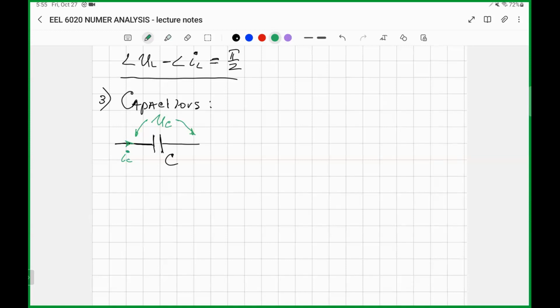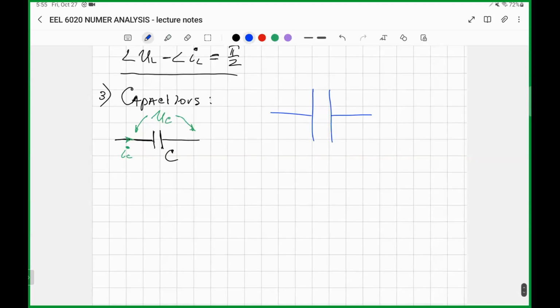How does it work? A capacitor has two plates like this. If I take one charge from the left plate and move it to the right plate, we get an uncompensated plus charge here and minus here.